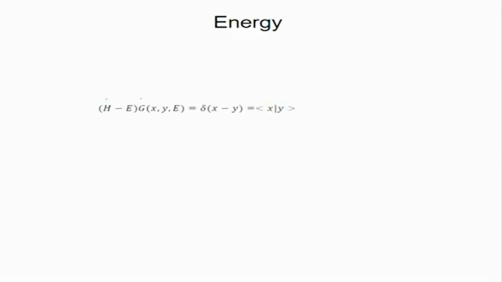So, let us start looking at Green's function for an interacting or more complicated Hamiltonian. It is not really more complicated, but I am slowly beginning to make things complicated. Our Hamiltonian H has a free part and an interacting part.